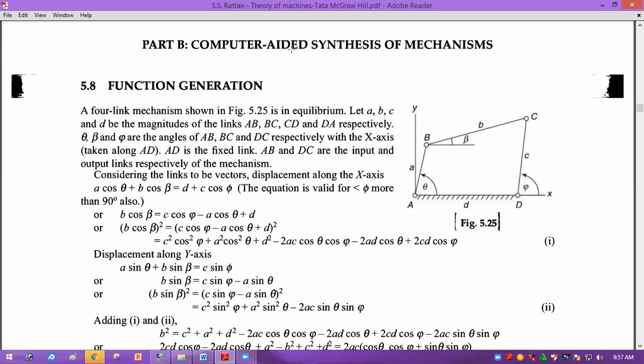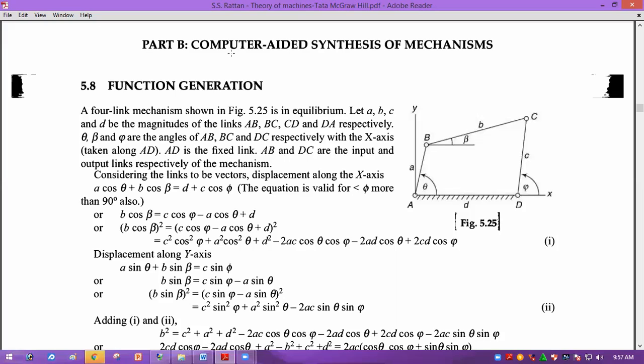If it is a three position synthesis, for a 4-bar chain mechanism they will give two input angles and two output angles. The output angle is denoted as phi and the input angle is denoted as theta. And if it is a slider crank mechanism they will give two crank angles and two slider distances, the reciprocating distance.